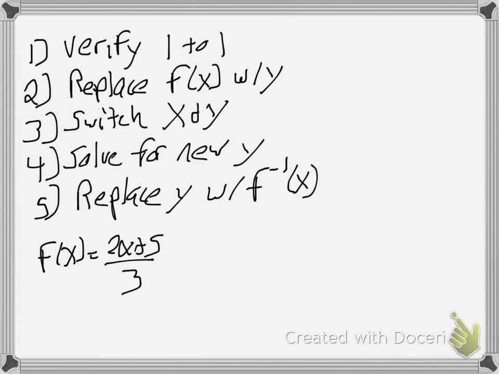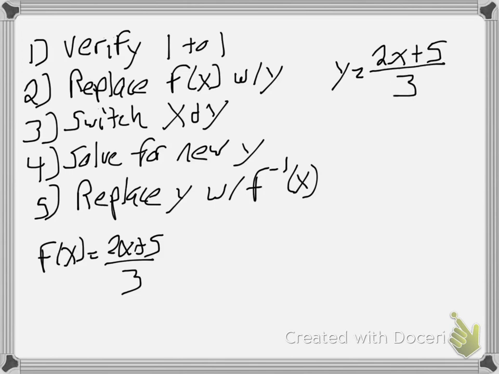Again, it's negative infinity to positive infinity. If you have a domain and a range that are truly negative infinity to positive infinity, you're golden. It is definitely 1 to 1. Okay. So second step, replace f of x with y. So instead of f of x equals 2x plus 5, we're going to now have y equals 2x plus 5 over 3.